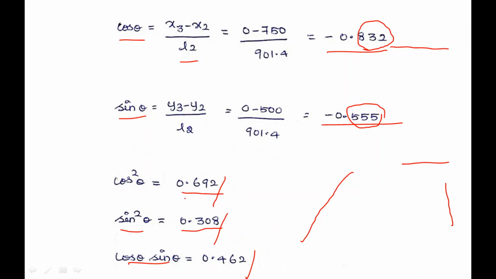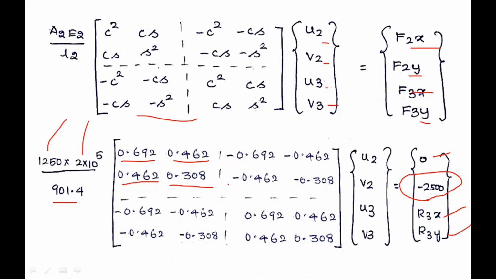Suppose here itself we reduced the decimal places, instead of using 0.692, if you use 0.7 and here 0.3, then we will get a different answer. So to avoid that, we use at least 3 decimal places in each term, for getting a more accurate solution.